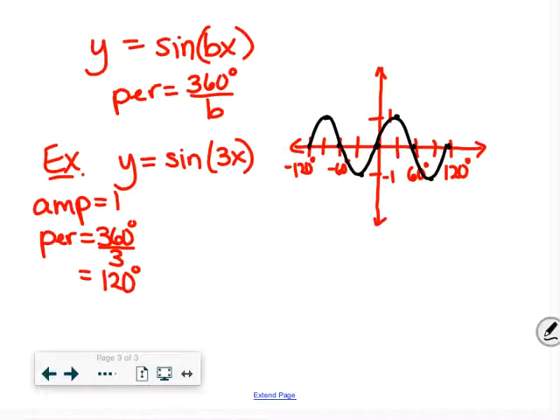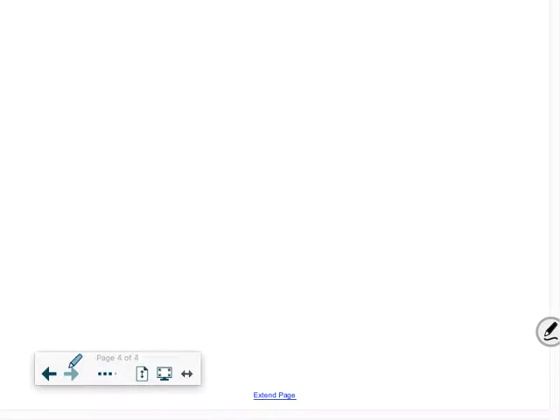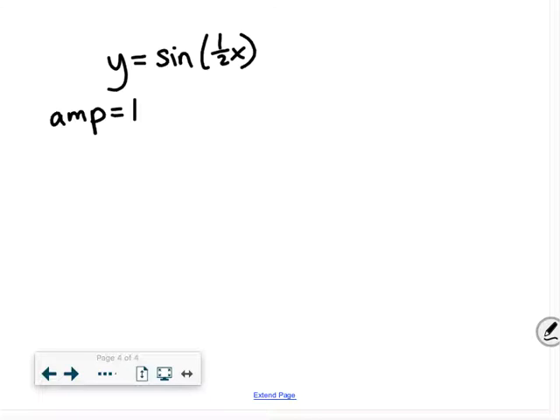All right, let's try another one together. Let's do y equals the sine of 1/2 x. So I'm not messing with the amplitude right now. So the amplitude is 1, because there's no number out front, so it's implied to be a 1. The period length is 360 degrees divided by the b value.